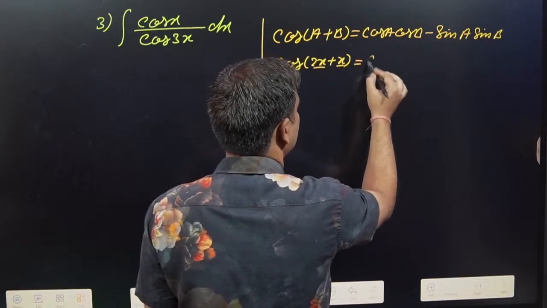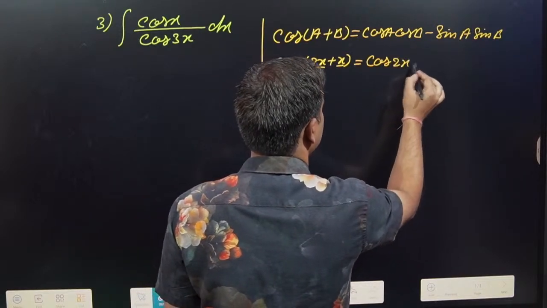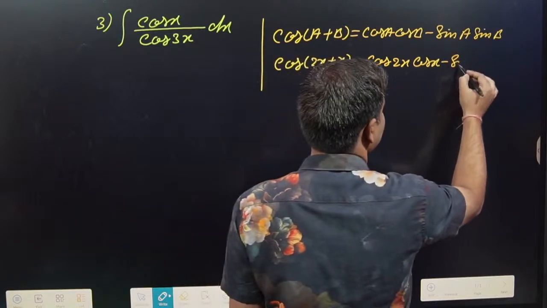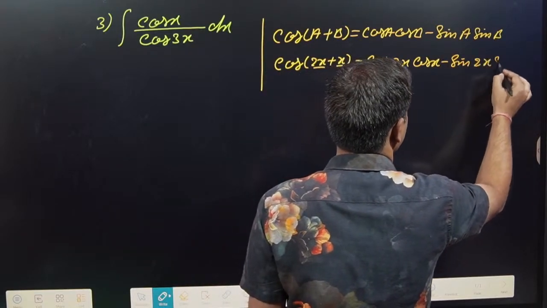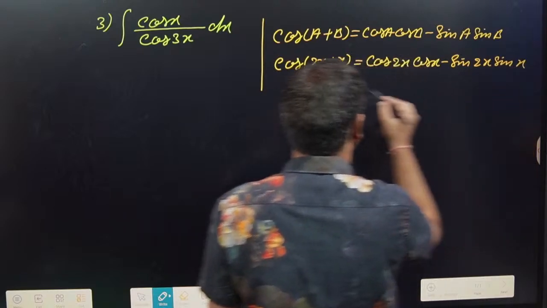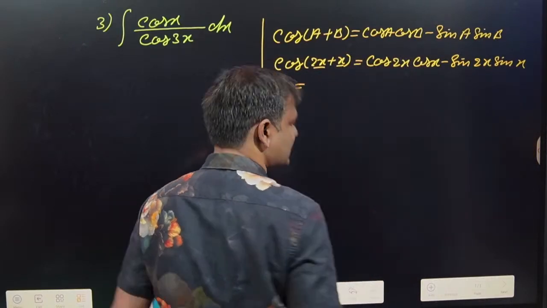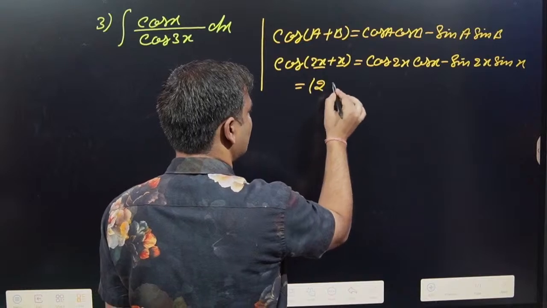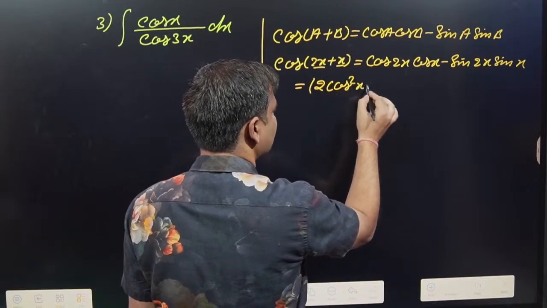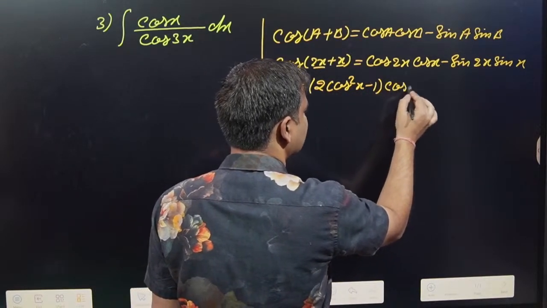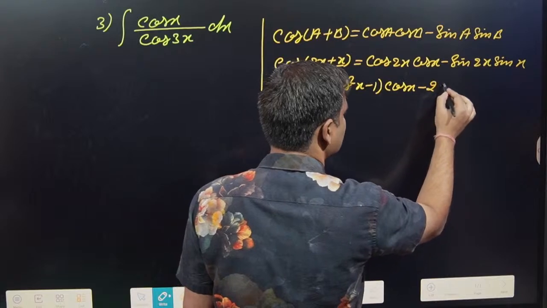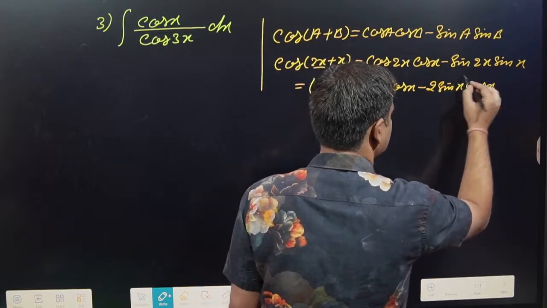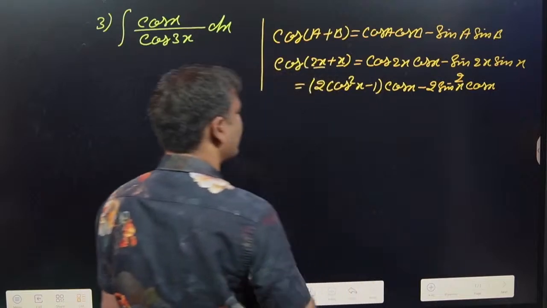So this one is cos 2x into cos x, and this one is sin 2x into sin x. After that, cos 2x is converted in the form of cos, meaning 2 cos square x minus 1 into cos x, and this one is 2 sin x into cos x into sin x, so sin square.